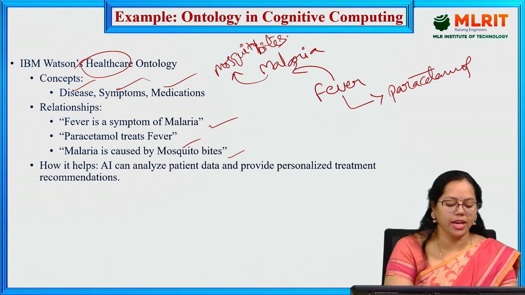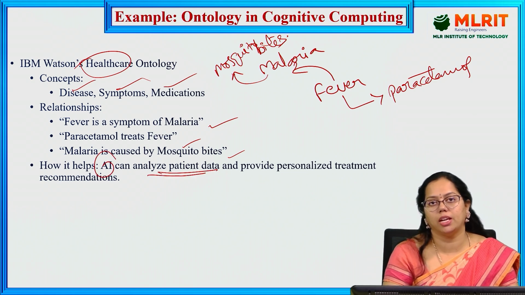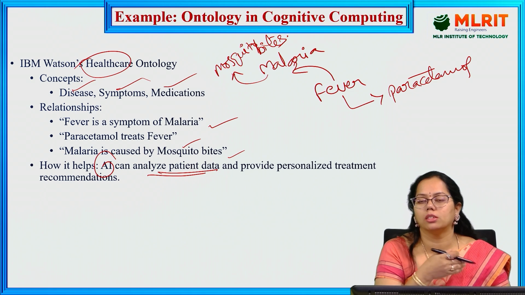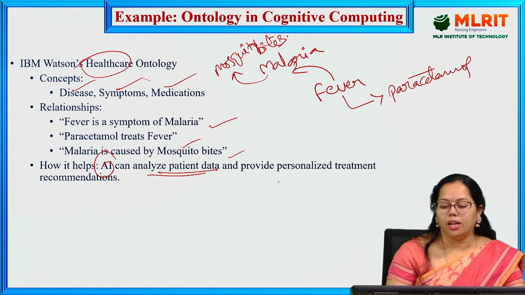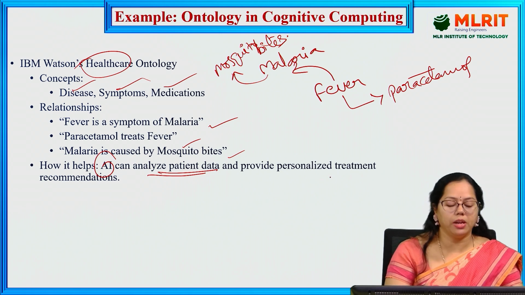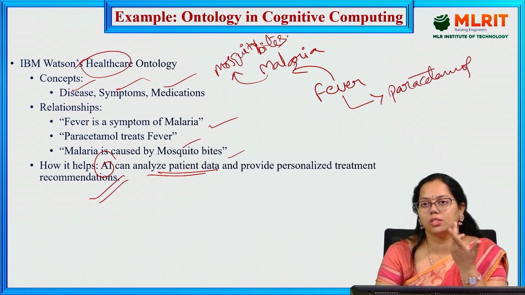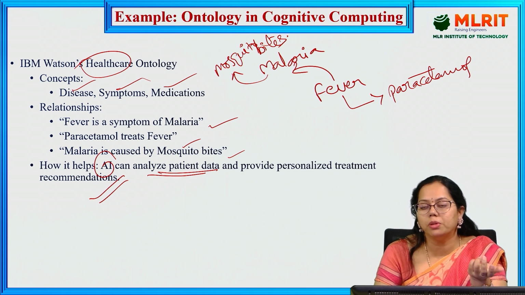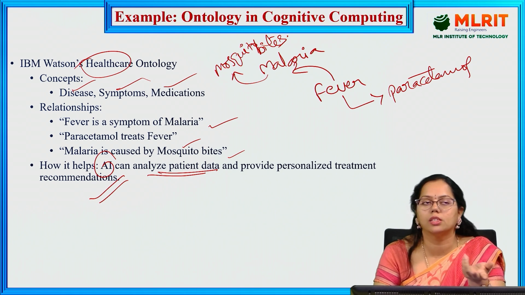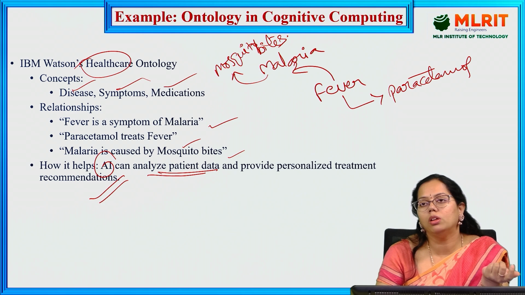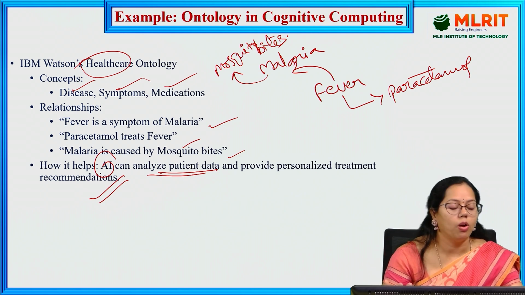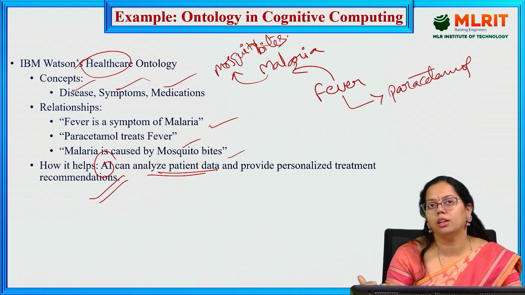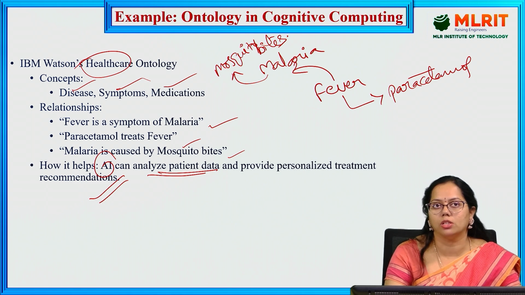It helps AI in analyzing the patient's data based on the reports, based on the tests, and it provides personalized treatment recommendations based on the patient's data, right? Whether what kind of symptom he's having, whether it's a flu, whether it's a normal cold, cough, fever. Okay, so based on that, AI helps to analyze what kind of discomfort he is having and what the symptom is for the patient.